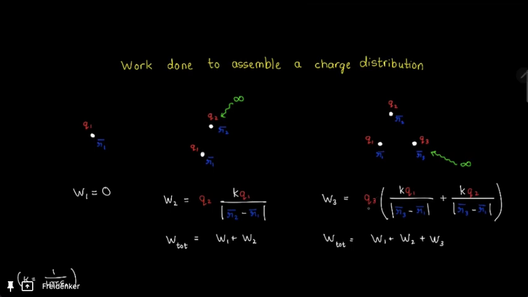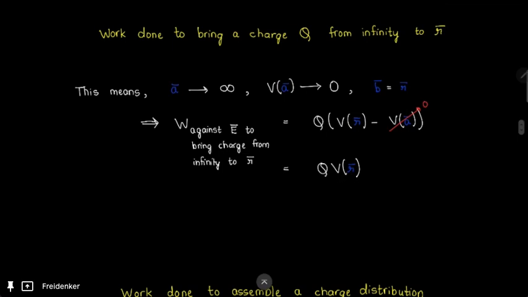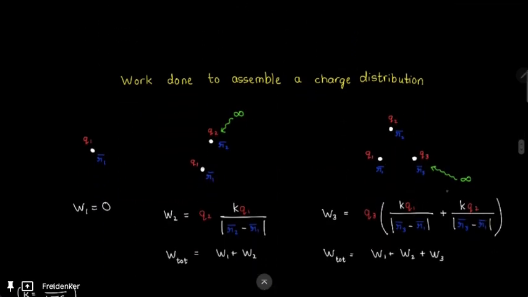So this is my capital Q in this case, and V of R bar is V due to q1 and V due to q2. So work done in total to assemble this discrete charge distribution of three charges is W1 plus W2 plus W3.